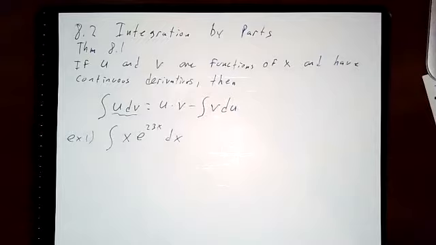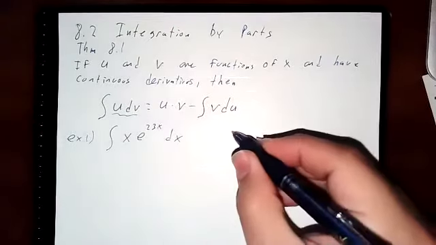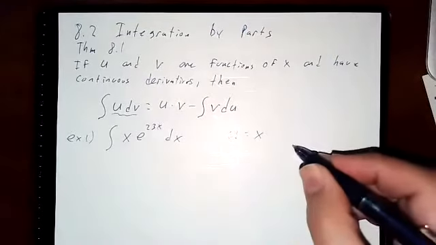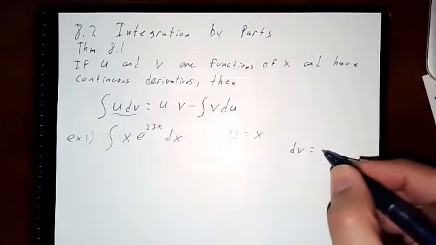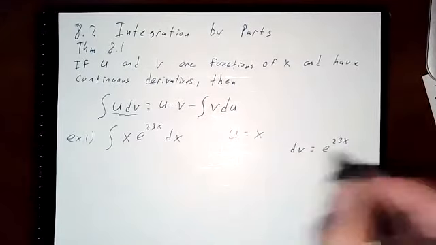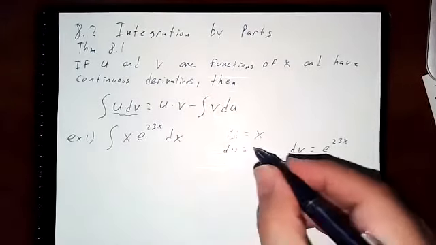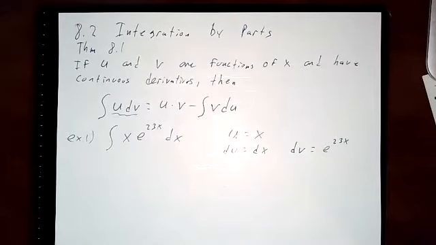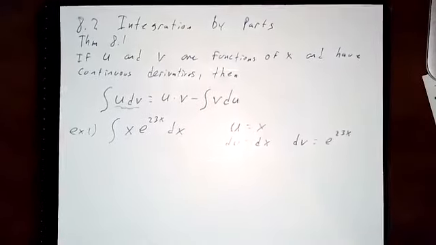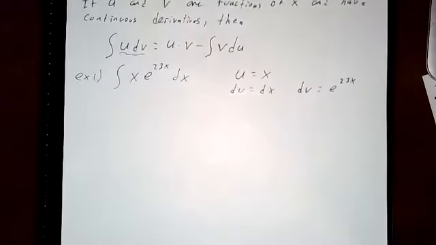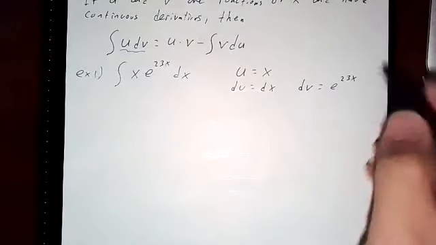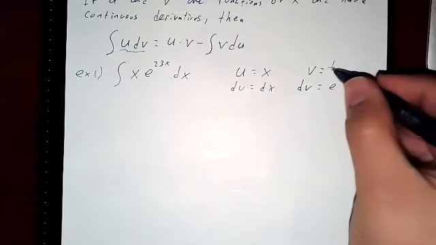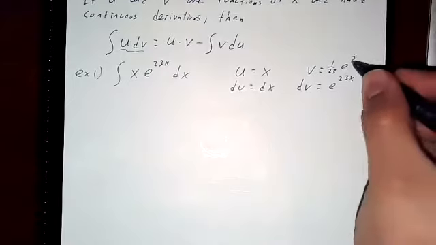So I'm going to choose u to be x, and I'm going to choose dv to be e to the 23x dx. The derivative of u will be dx, right? The integral of e to the 23x will be 1 over 23 e to the 23x.